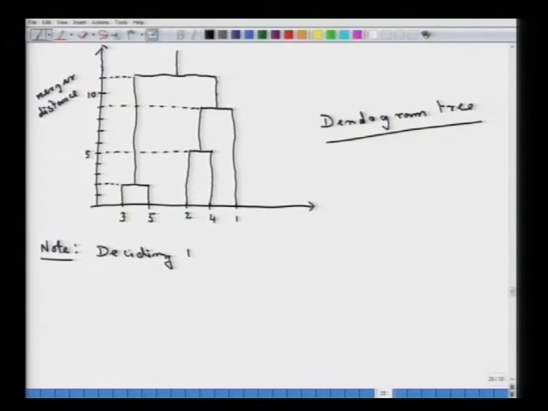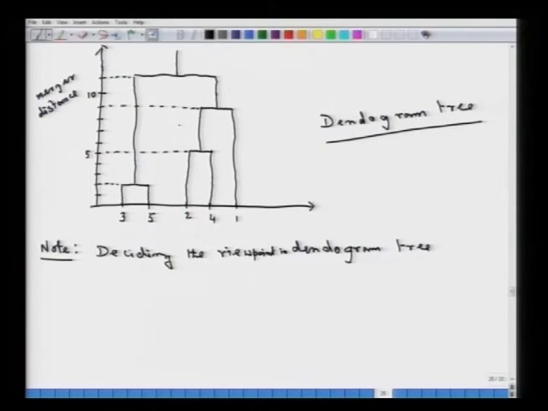So, when we are deciding the viewpoint in a dendrogram tree, or the reference point from which we are looking at the dendrogram, if we look at this level 11, we have all the 5 cases in one cluster. If we look at this 9 level here, we will have 2 clusters, one having 3, 5 and the other having 1, 2, 4.